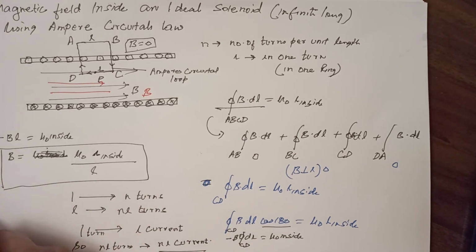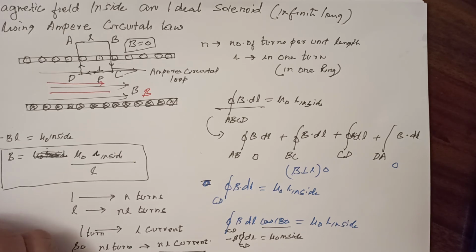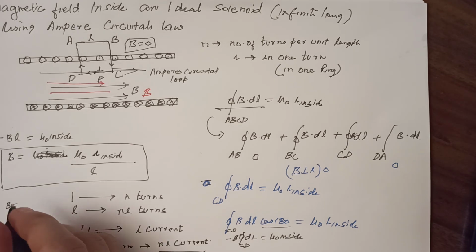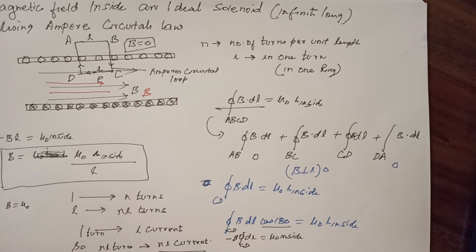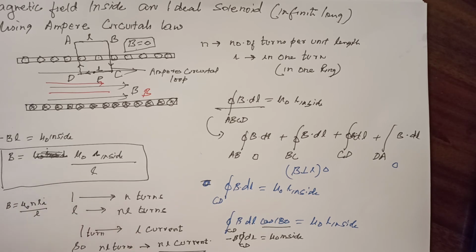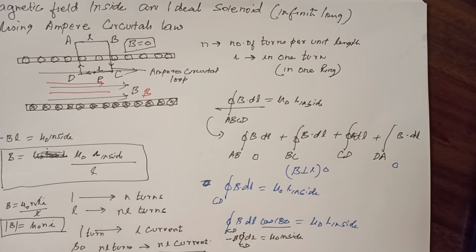Let's substitute this here. So we will get B is equal to mu naught nLI by L. L and L cancel, so you are left with the magnetic field being nothing but mu naught n I. So this is the formula for the magnetic field inside the ideal solenoid.